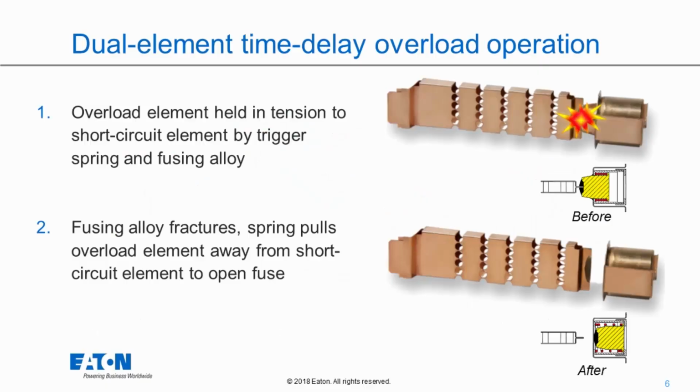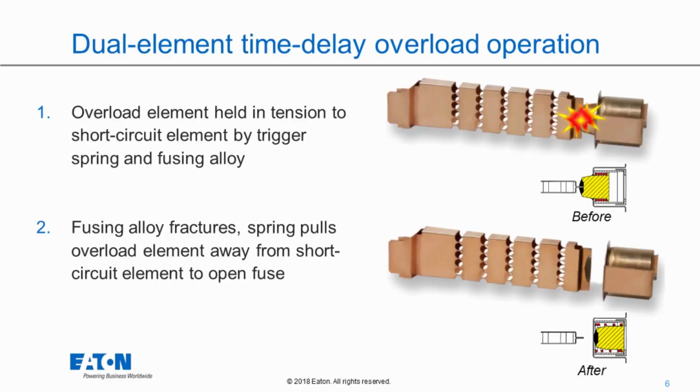If you look at what happens when you have an overload operation, you'll have the overload element on the right-hand side that's held together by a trigger with a spring and a fusing alloy. When it sees too much current flow through, so it gets too much of an overload condition, maybe you have a motor that is just overloaded, maybe there's too many rocks in the conveyor belt or something like that, all of a sudden this fuse has to act in an overload type application.